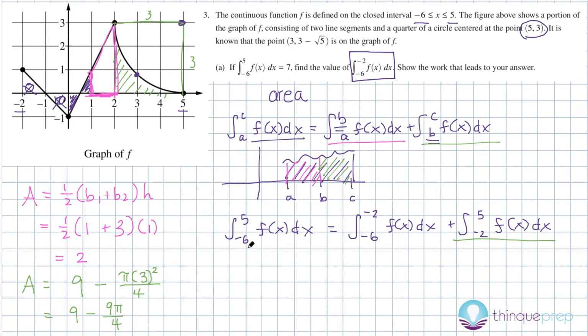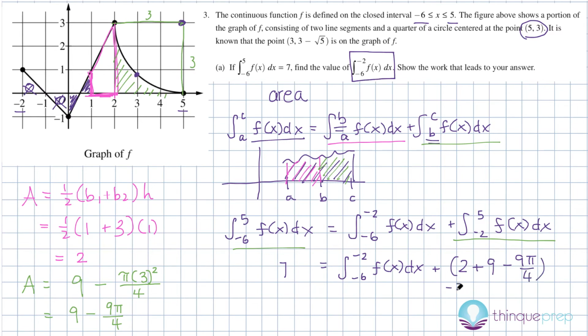And then we also know the area of this component, right? So we can start plugging things in. So we know the left-hand side is equal to 7. We're solving for this integral, so we'll just rewrite this over here. And then if we were to plug in our value, what will we get? We get 2, which is the area of the trapezoid, plus 9 minus 9 pi over 4.